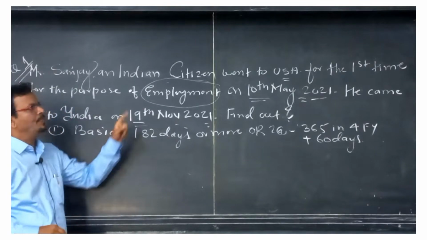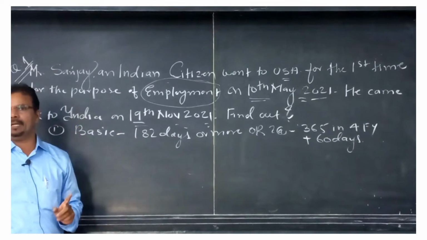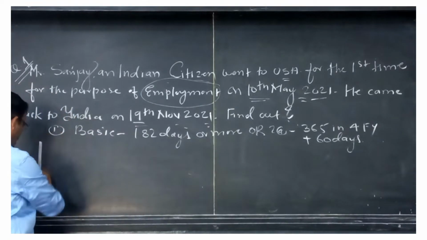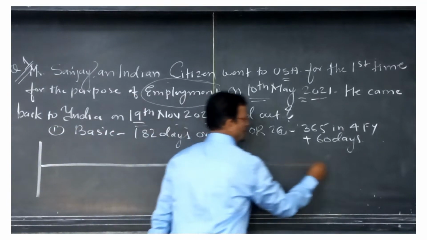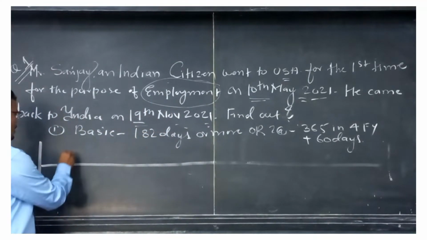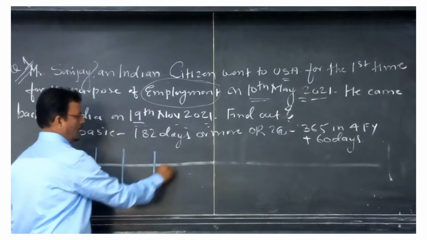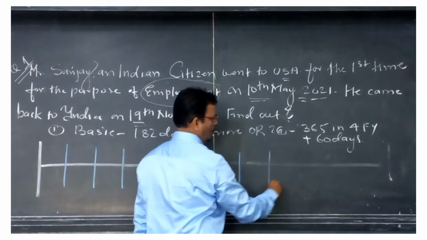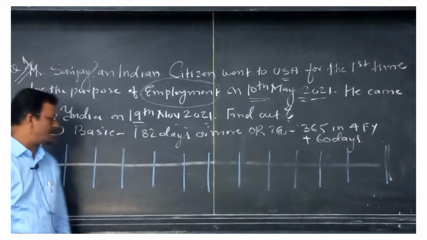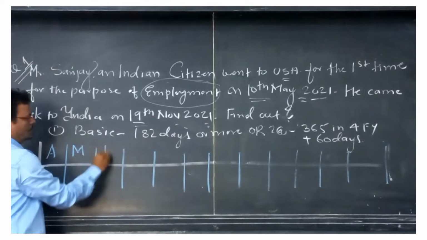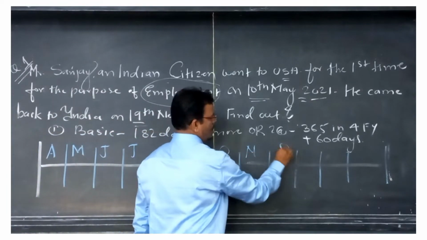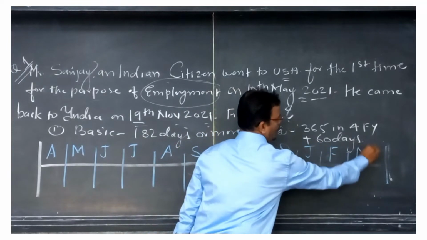Now let's calculate how many days he stayed in India in the previous financial year. So let's prepare the diagram from April to March: April, May, June, July, August, September, October, November, December, January, February and March.